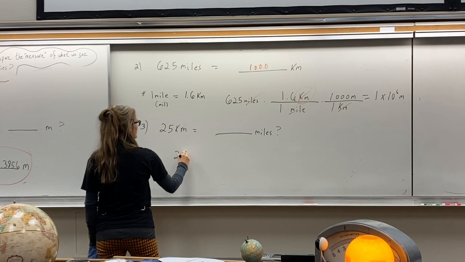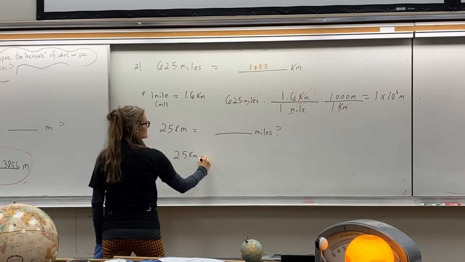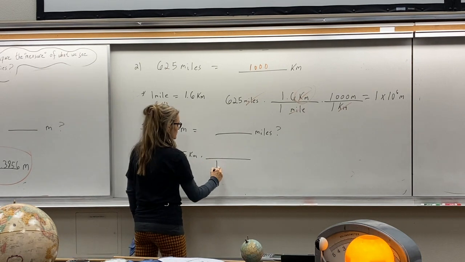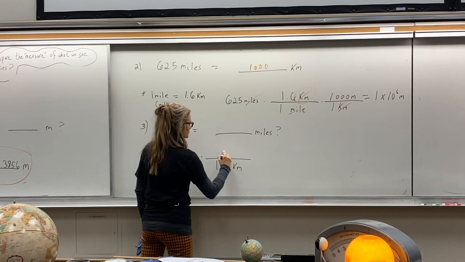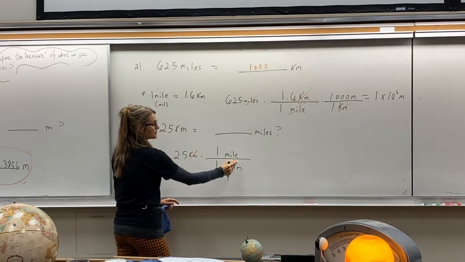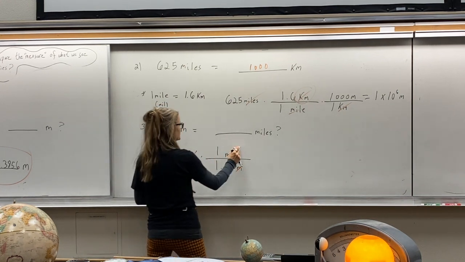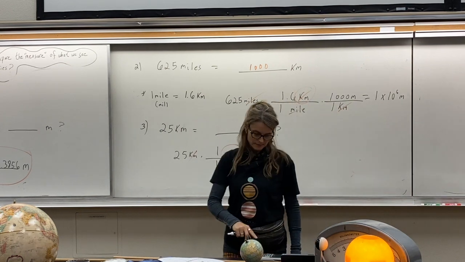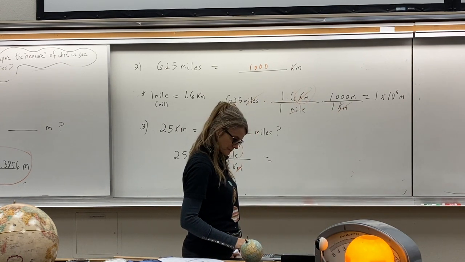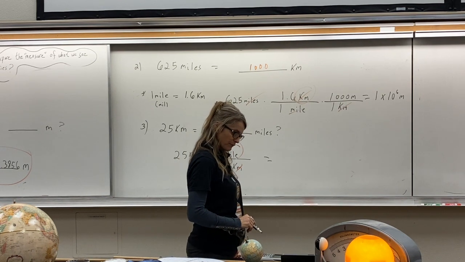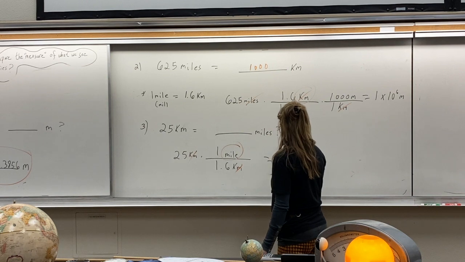We could say 25 kilometers times, there's 1.6 kilometers for every mile. I want to get rid of my kilometer units, introduce the mile units, and I get the value of 15.625.